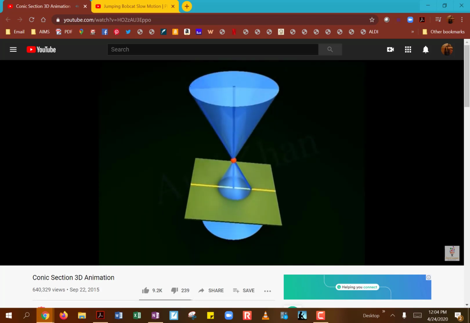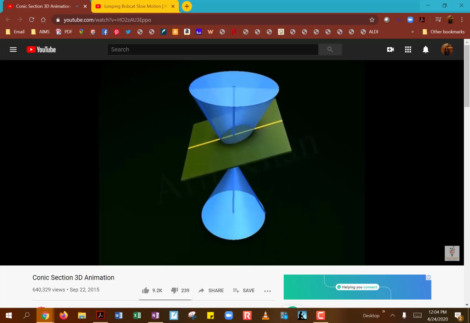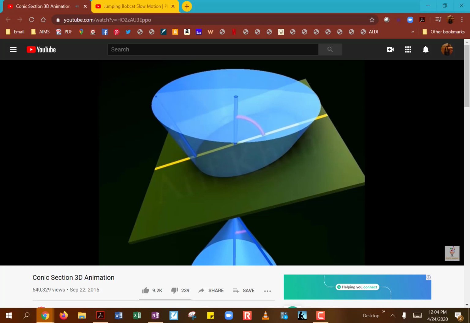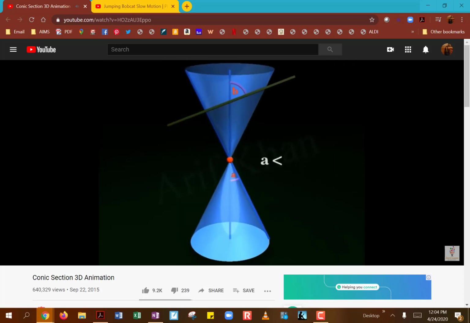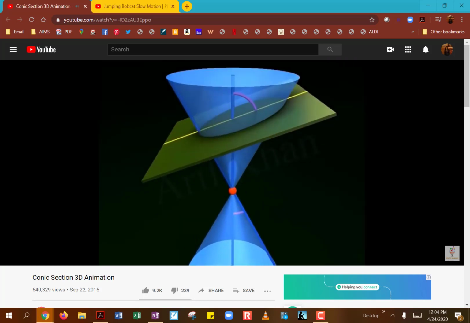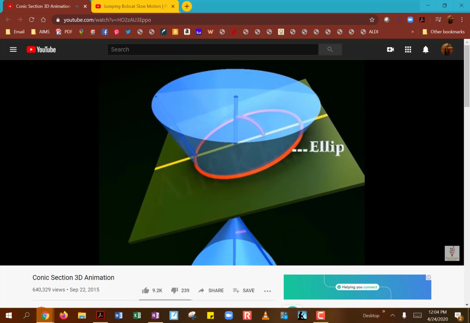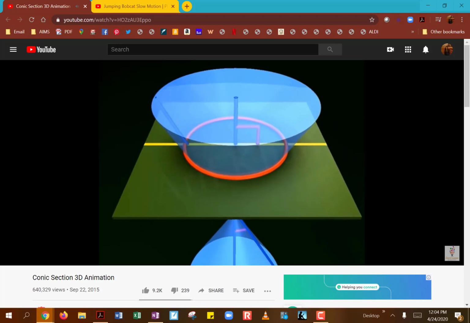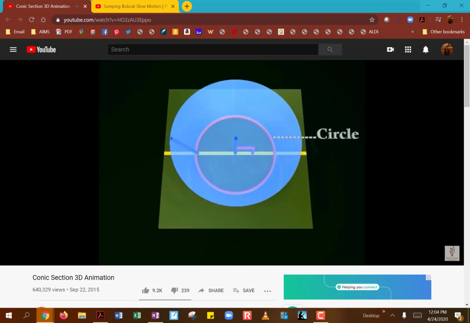When the plane intersects the double right circular cone in such a way that the angle between the plane and the axis is greater than the vertex angle, we get a closed curve called an ellipse. When the plane is perpendicular to the axis, the ellipse becomes a circle.